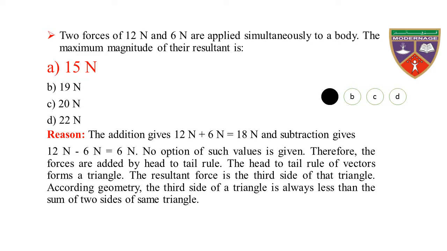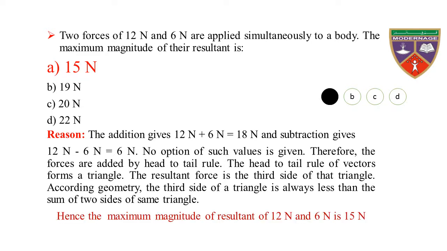The resultant force is the third side of that triangle. According to geometry, the third side of a triangle is always less than the sum of the two sides of the same triangle. Hence, the maximum magnitude of resultant of 12 Newton and 6 Newton is 15.